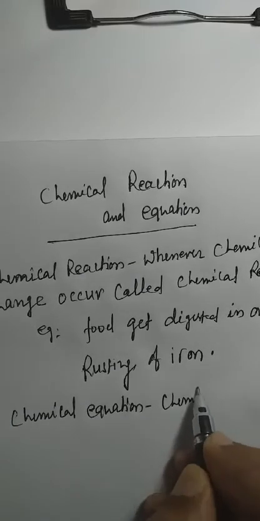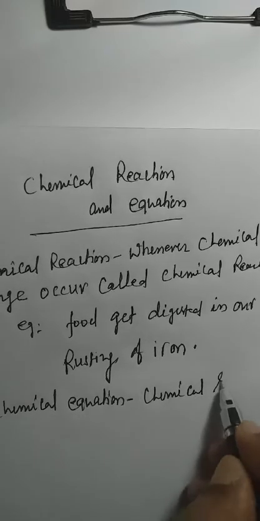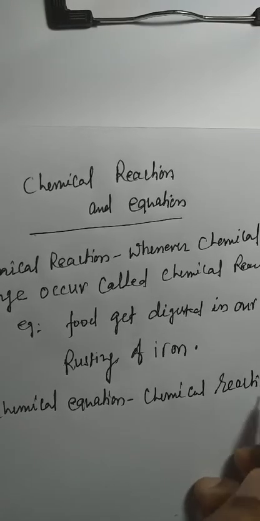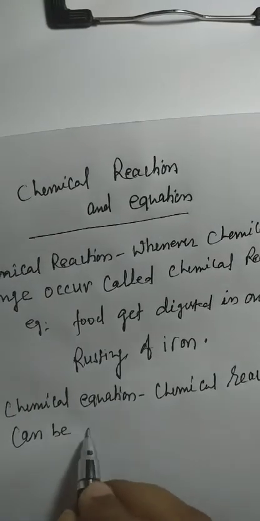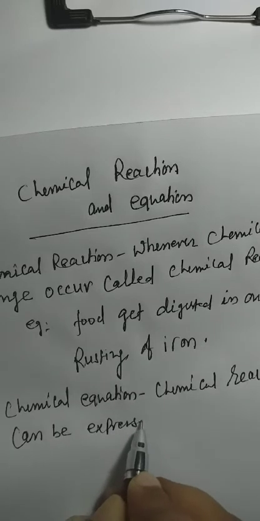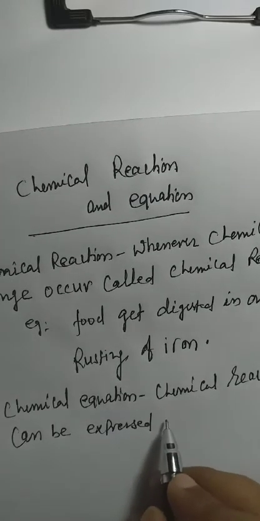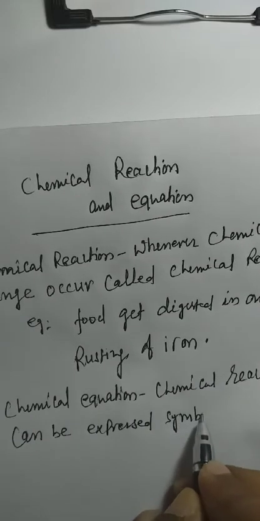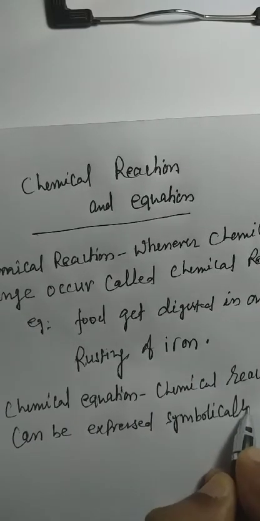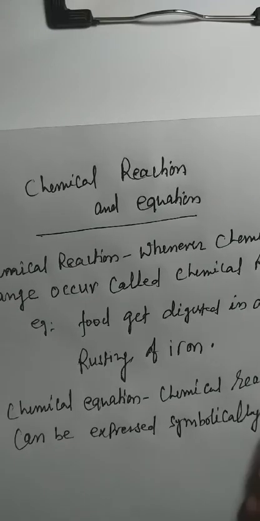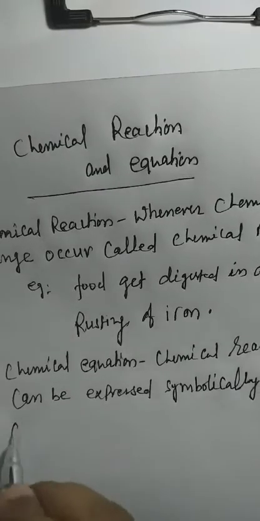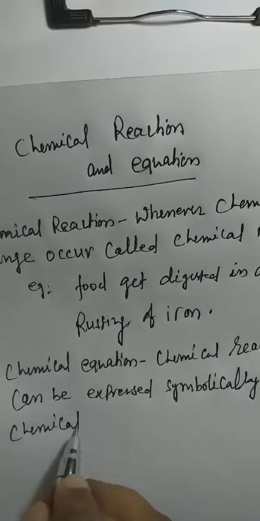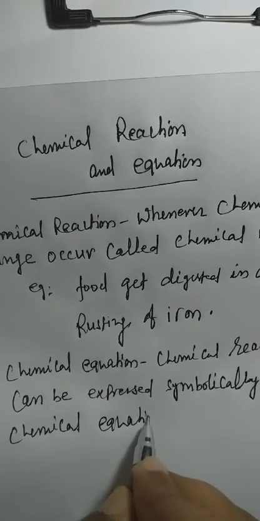So we may write in defining chemical reaction, that which can be expressed symbolically is called chemical equation, right? In this we are taking one example.